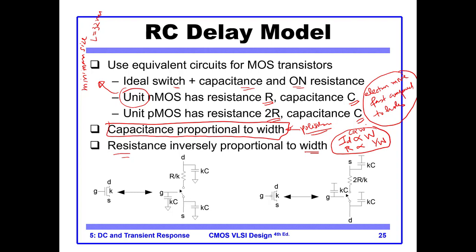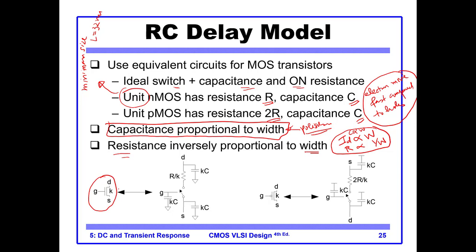Okay, so let's come to our RC model. So for our NMOS, we have this K. K is a constant that represents how much you are above the minimum size.